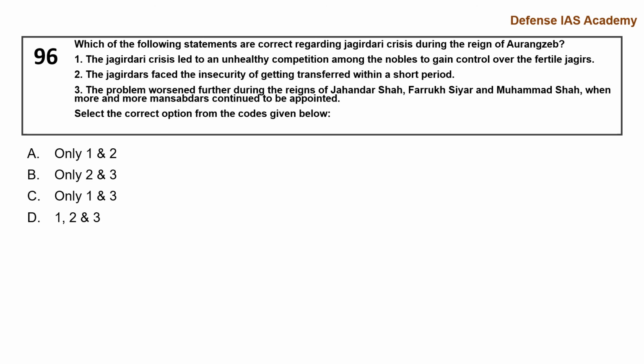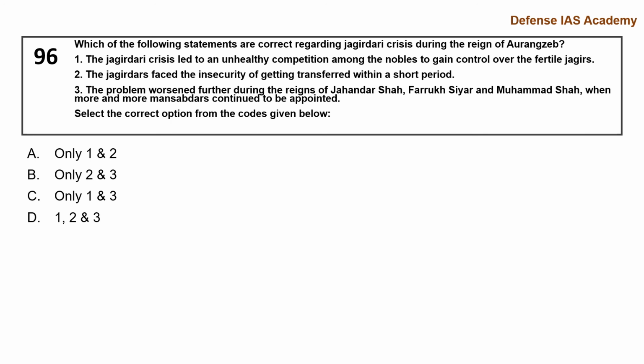Question 96. Which of the following statements are correct regarding Jagirdari Crisis during the reign of Aurangzeb? 1. The Jagirdari Crisis led to an unhealthy competition among the nobles to gain control over the fertile Jagirs. 2. The Jagirdars faced the insecurity of getting transferred within a short period. 3.